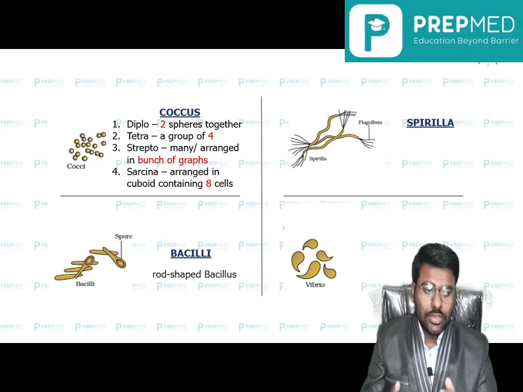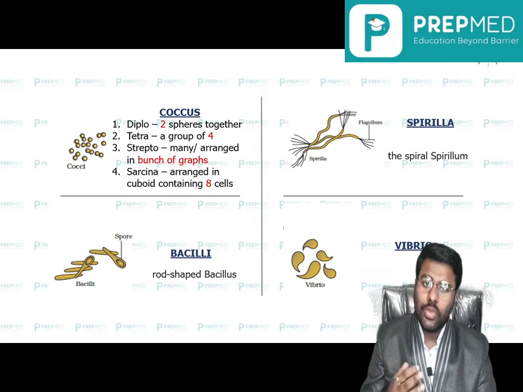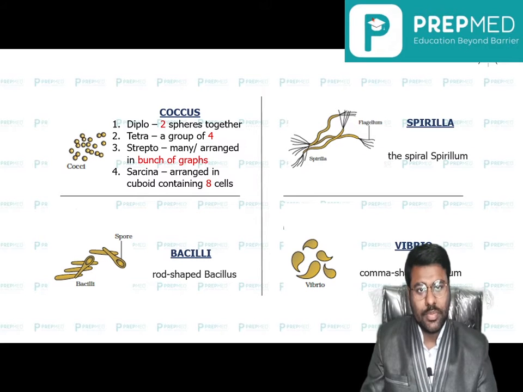Coming to the spirilla, where we can notice the flagella present, they are spiral shaped. Coming to the vibrio, you all know they are comma shaped. There are 4 pictures.